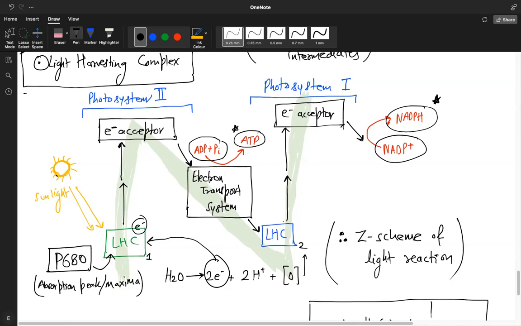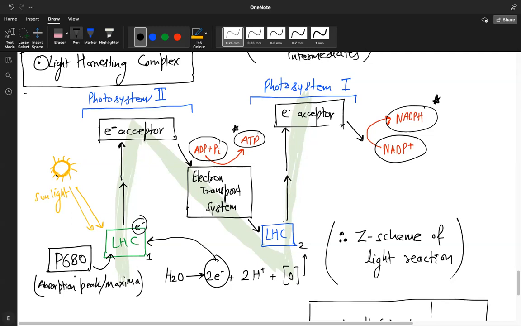So these electrons get excited at 680 nanometers, go to this electron acceptor, give energy for the formation of ATP, and still have some energy left. Now, the energy will be less than what it was in LHC1, correct? So just by logic, tell me, what do you think the P of LHC2 will be?